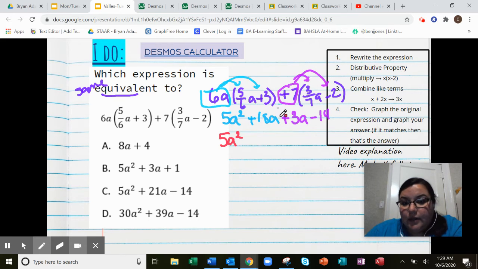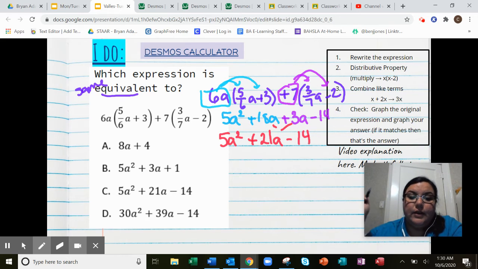I don't see a 2 at the top, so that's why that's not the same as this one over here. So I know that 18 plus 3 is 18, 19, 20, 21. And it is a positive, so it's plus 21, and the a also has to come down with it. So that's this part here. And then minus 14 is left.